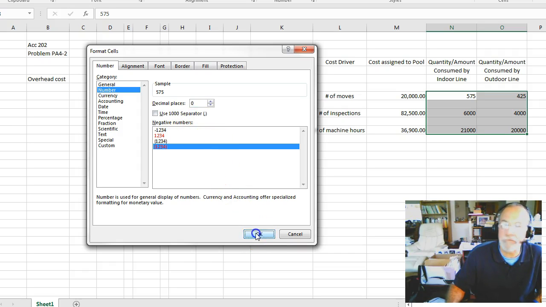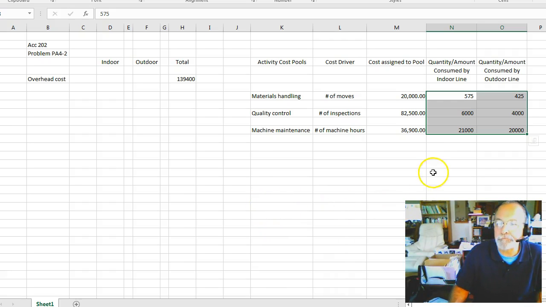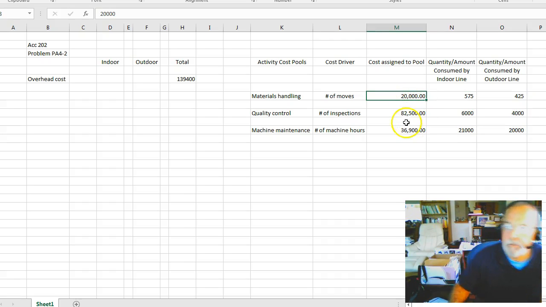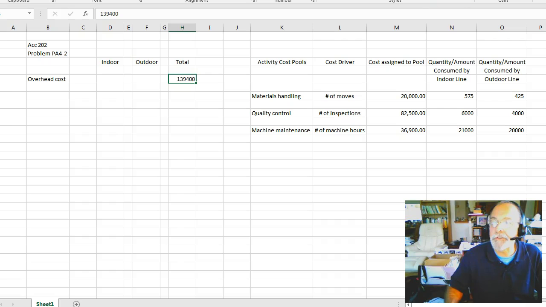With the numbers formatting, those numbers don't show commas, as opposed to the numbers that represent dollar cost amounts. Dollar cost amounts would include the decimal point. We're using two places for decimals, and it shows the commas to delineate thousands. Okay, and we should probably use the same thing here for the overhead costs.